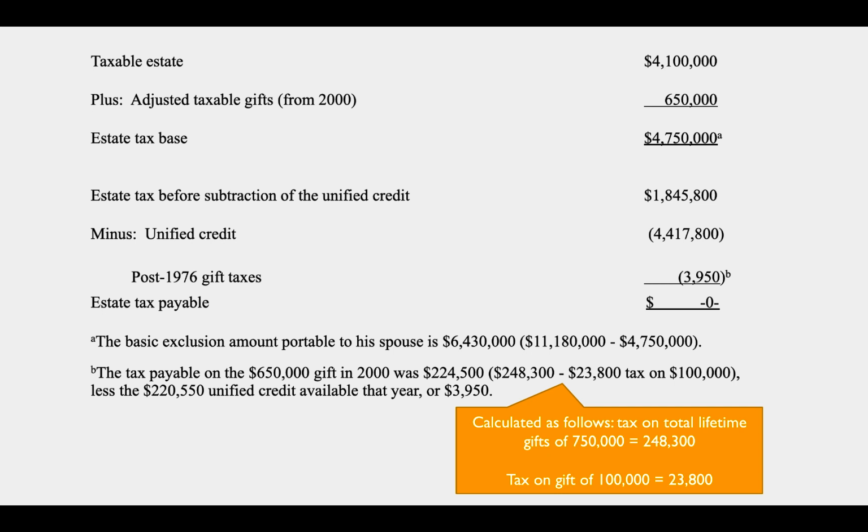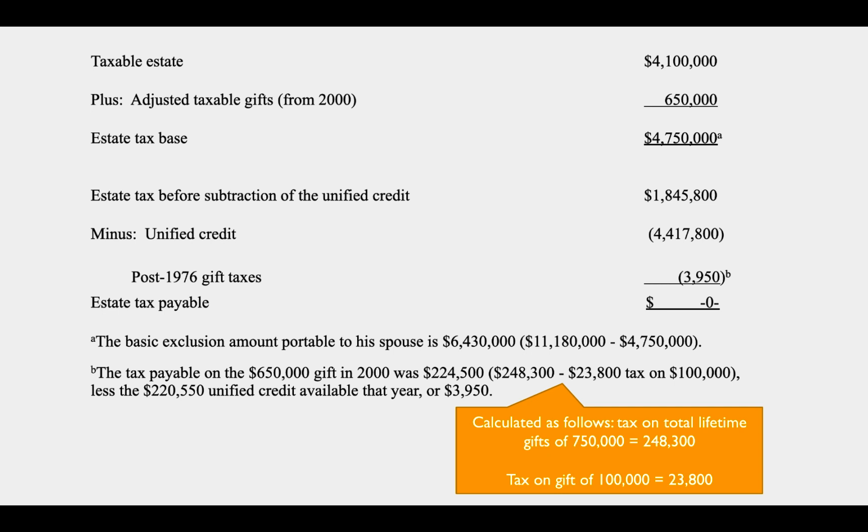So he made a gift of $650,000 in 2000, but he also made a previous gift of $100,000. So total lifetime gifts are $750,000. If I look at that table, I can see that the tax on gifts of $750,000 but not over $1 million is $248,300. So that's where this number comes from.